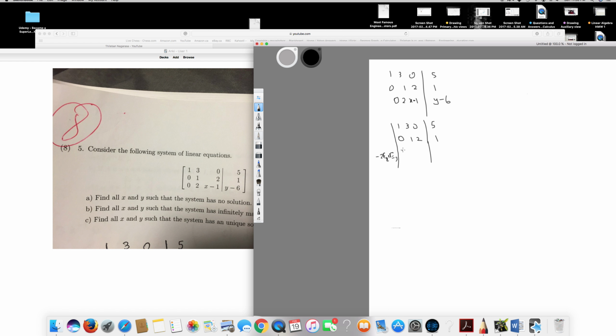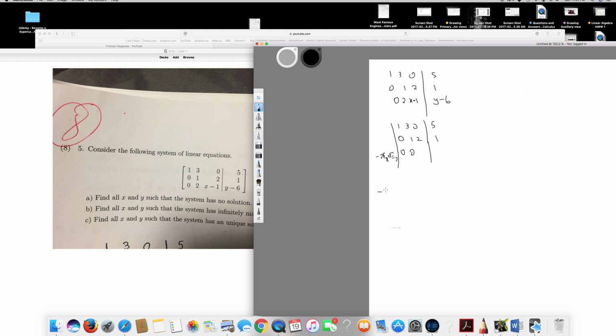So this will become 0, and -2 plus 2 is going to be 0, and -2 times 2 is going to be -4, and -4 plus x minus 1 is going to be x minus 5.